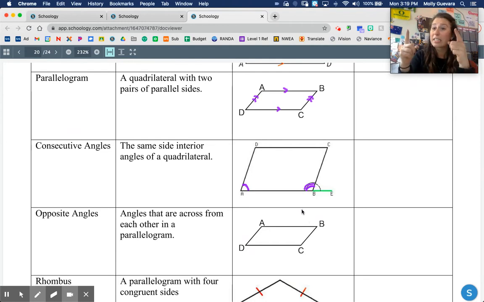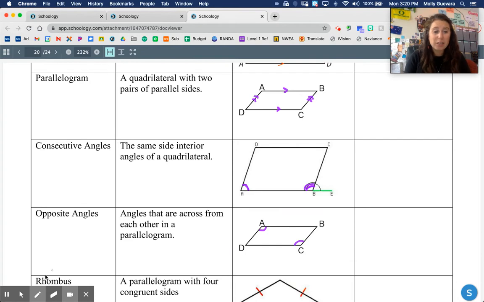Okay, versus the other direction are opposite angles, which is angles that are across from each other. So here that would be like angle A and angle C. So the difference is angle A and B are next to each other, so they're consecutive. Here, A and C are across from each other, so they're opposite. So those are just the 2 different angles that we're going to look at inside of a parallelogram today. That's it for our terms.